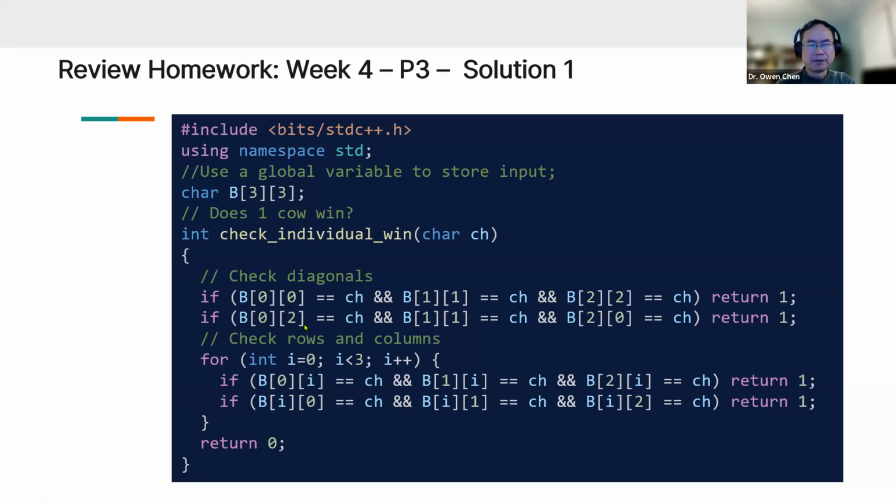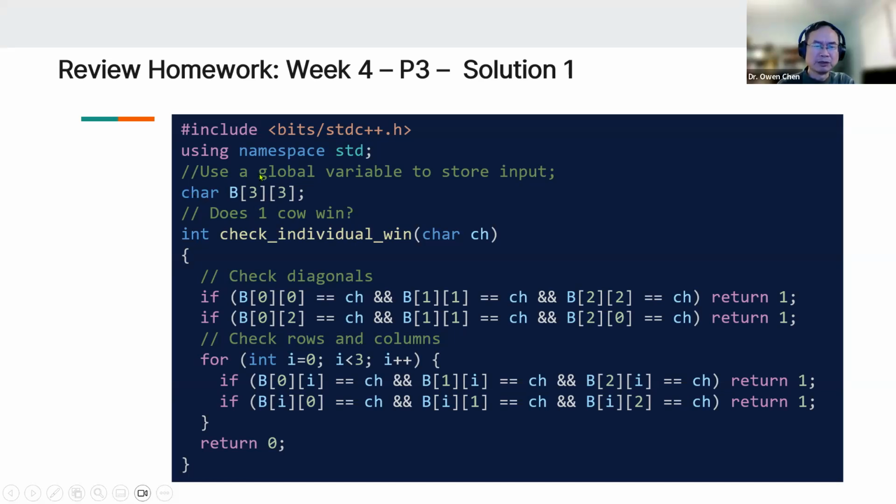So the first function is to check an individual win, right? You check the diagonals, so these are the 2 diagonals. First, we put this 3x3 board as a global variable.